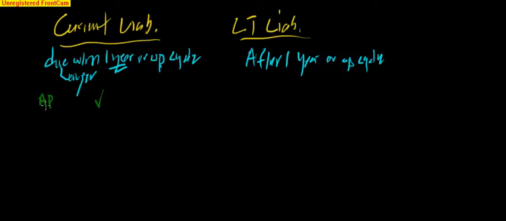So let's think of some examples other than that. How about short-term notes payable? Actually, you know what? Let's get rid of short-term. Let's just put notes payable. Why? Because notes payable can be both current as well as long-term. Notes payable is a formal obligation to make payment.